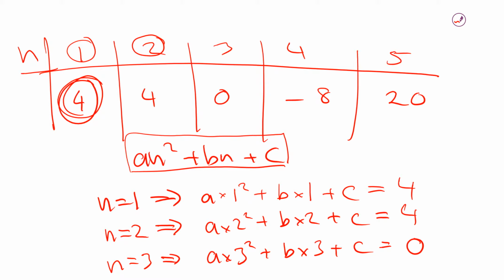Great. Now, that is actually enough information. We don't have to write any more equations, because we're trying to work out what a, b, and c are. That's 3 things. Okay, and this is good to know.